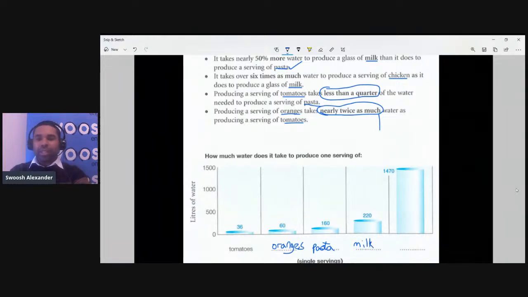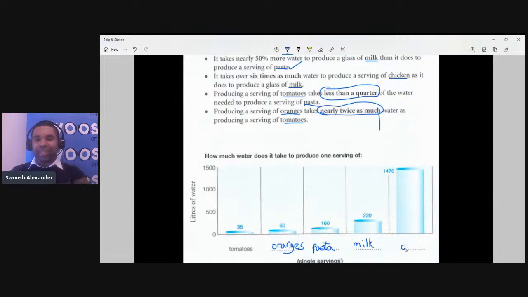And then finally, we only have one left, and that's chicken. And let's confirm that is correct. It says it takes over 6 times as much water to produce a serving of chicken as it does to produce a glass of milk. So over 6 times as much. So what's 220 times 6? Now the maths gets a little bit more complicated, but we don't have to worry too much about the maths here.